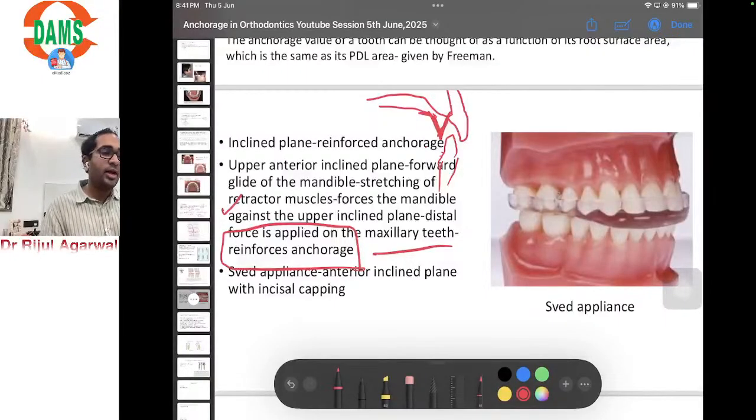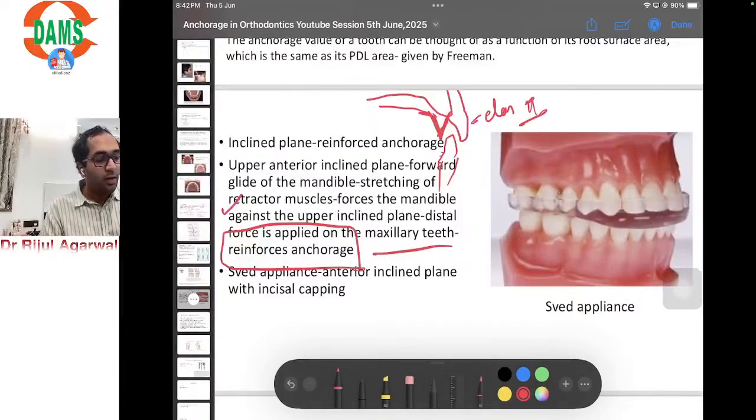That's why this anterior inclined plane reinforces the anchorage system. Generally they are given for class 2 correction. In class 2 molar correction, the lower jaw is behind, we just glide it forward, similar to that of a twin block.